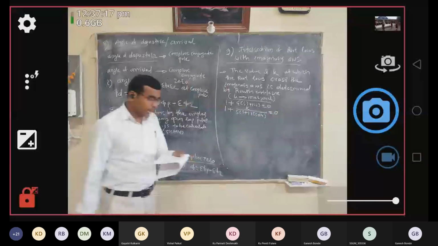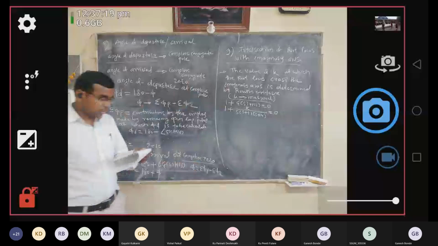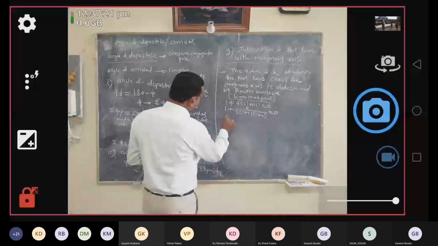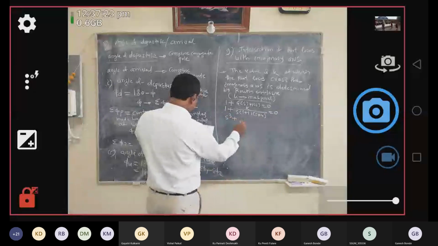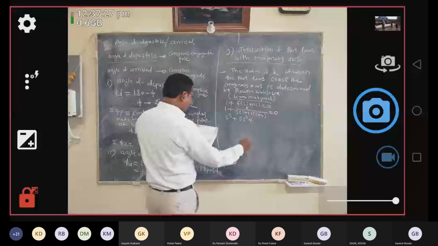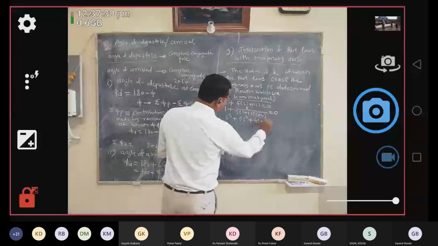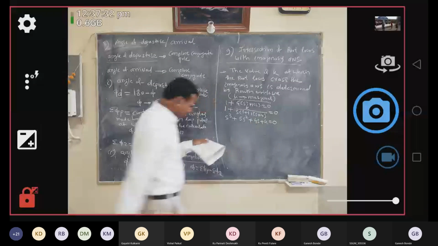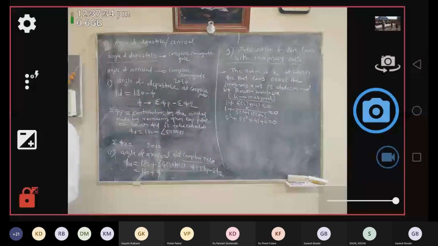If we expand this, it gives s cube plus 5s square plus 4s plus k equal to 0.